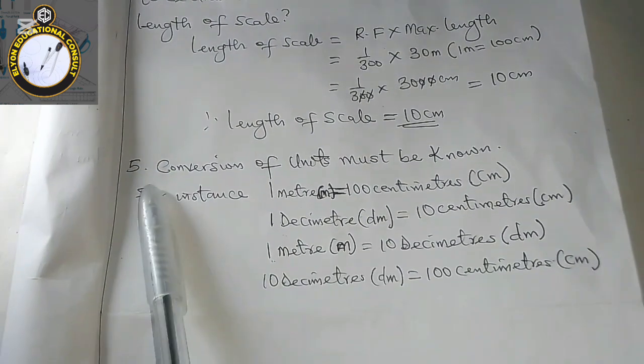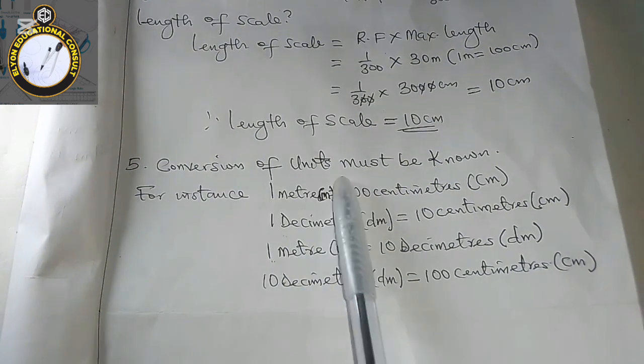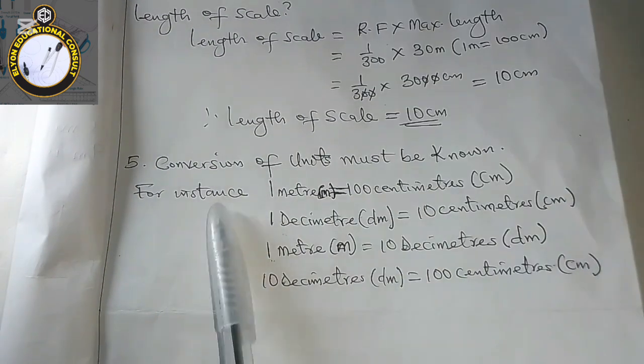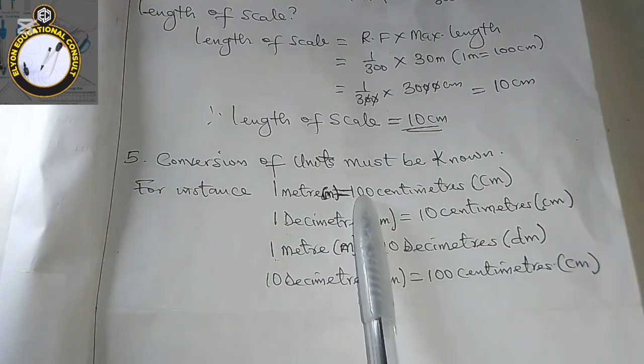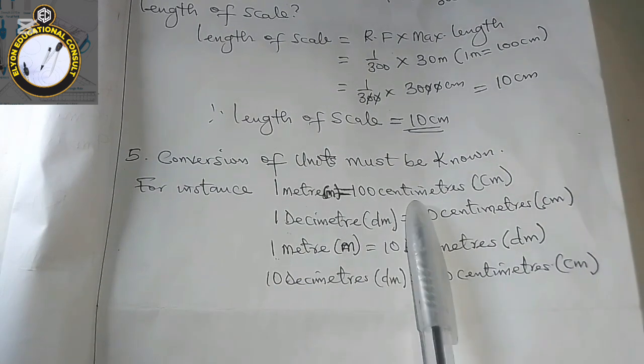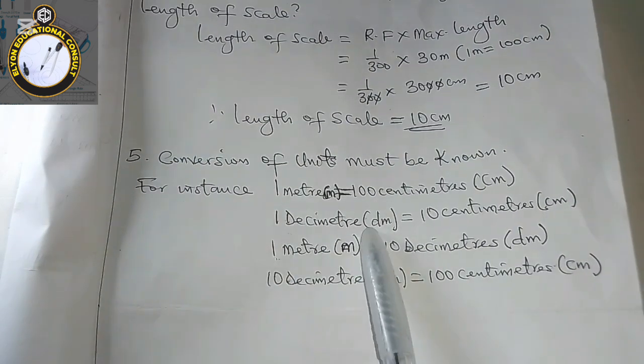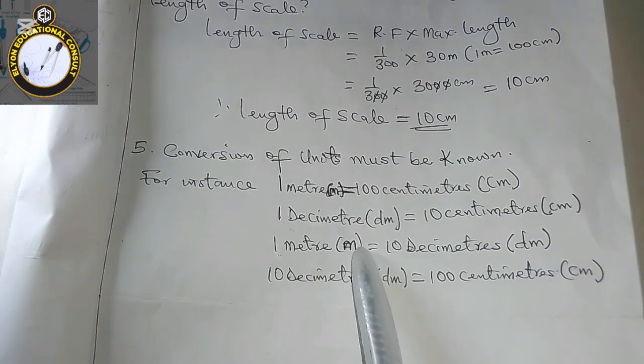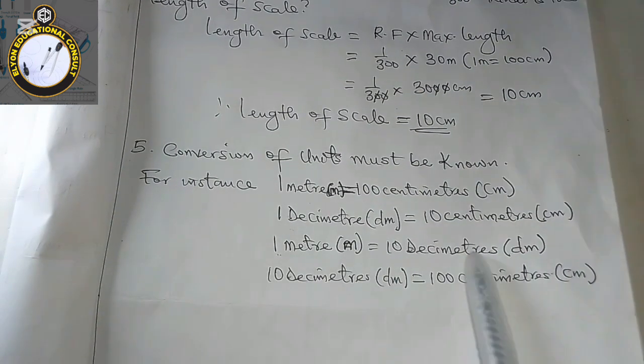Now the last thing we need to know is the conversion of units. Very, very important. Conversion of unit must be known. For instance, 1 meter equals 100 centimeters. 1 decimeter equals 10 centimeters. 1 meter equals 10 decimeters.